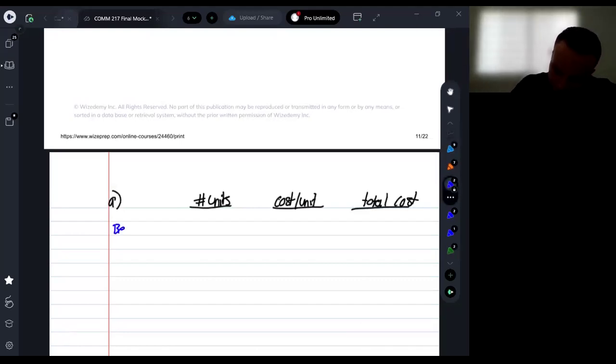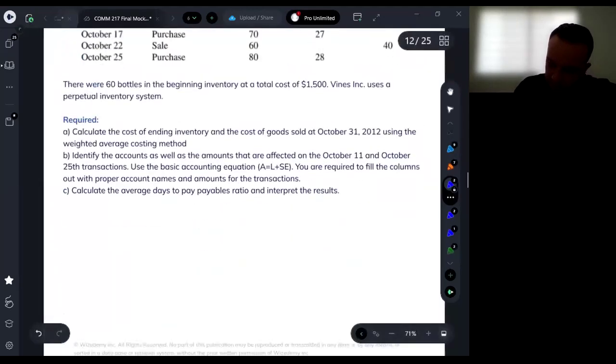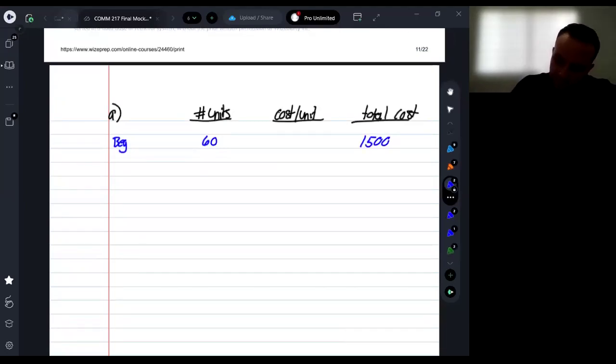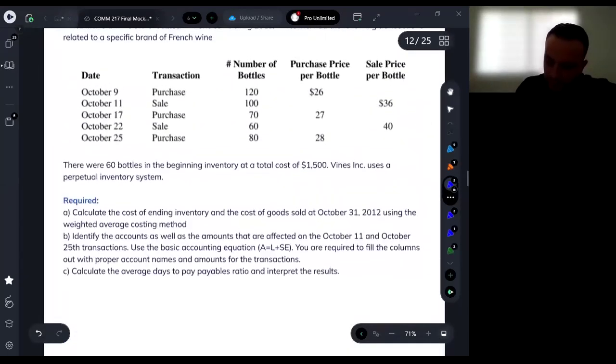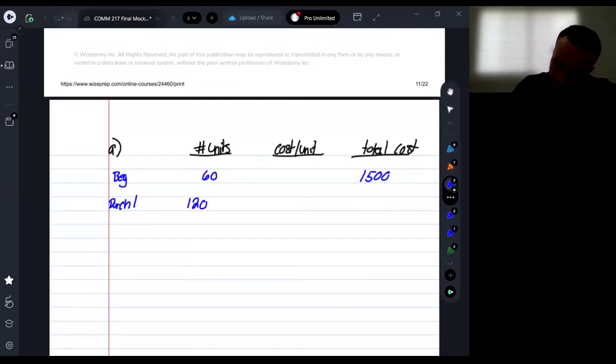So your beginning inventory, you have 60 units at a total cost of 1,005. So we have our first purchase number one. We buy 120 at $26. That's 31.20.